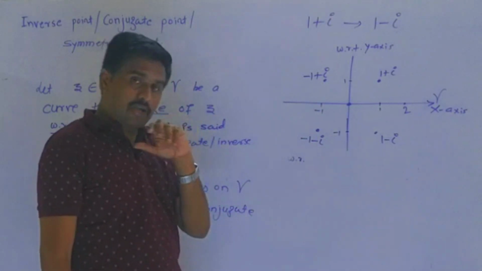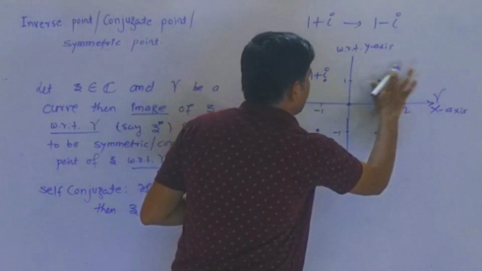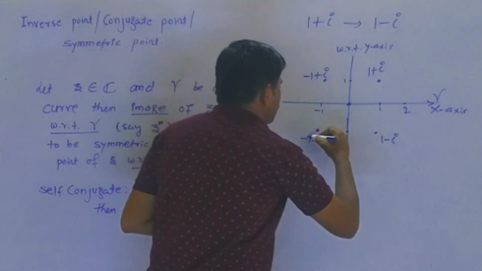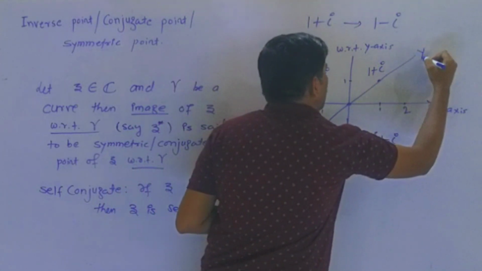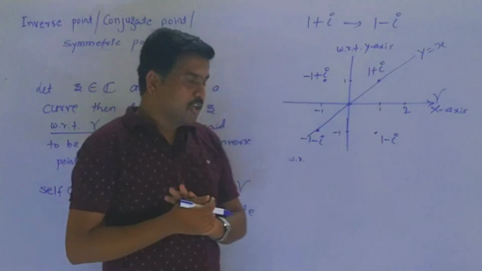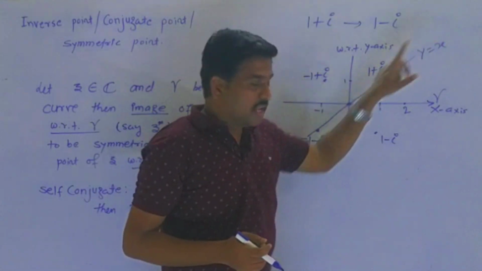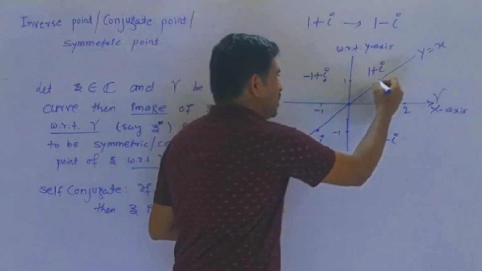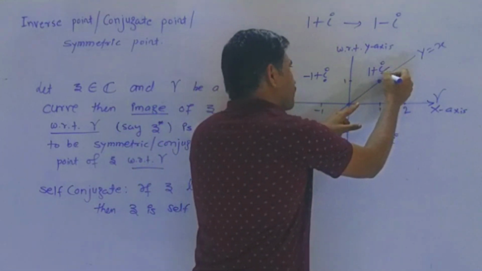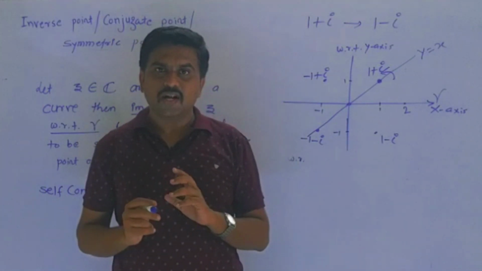If I change again, same question, here I will ask what is the conjugate of 1 plus i with respect to the curve y equals x. Now the gamma curve is y equals x. So what is the conjugate point of 1 plus i with respect to y equals x? Now 1 plus i lies on the curve, so its conjugate point is itself, because it lies on the curve, self conjugate, right?